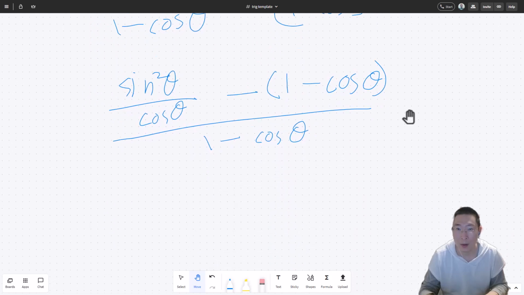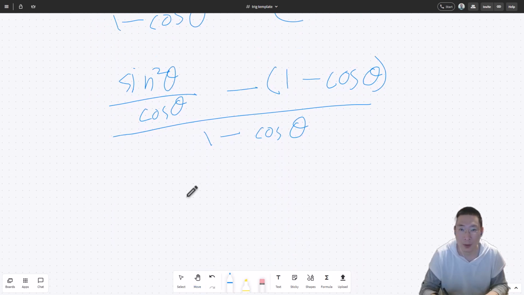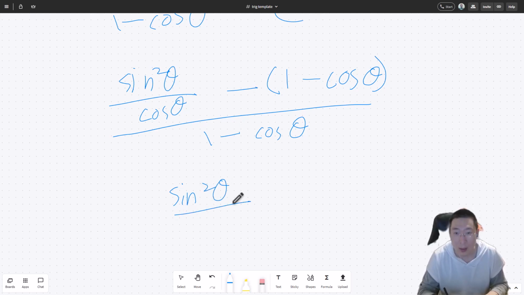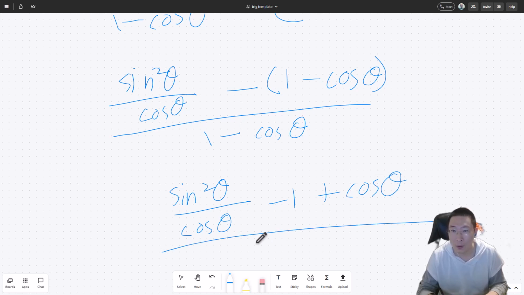So now let's multiply. Let's bring it all out together. We're going to take this out of the brackets. So we're going to have minus 1 plus cosine theta all over 1 minus cosine theta. Doesn't that look pretty?